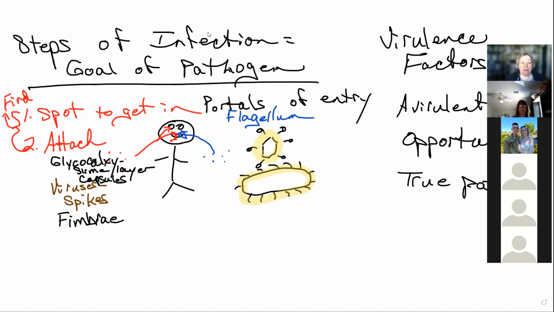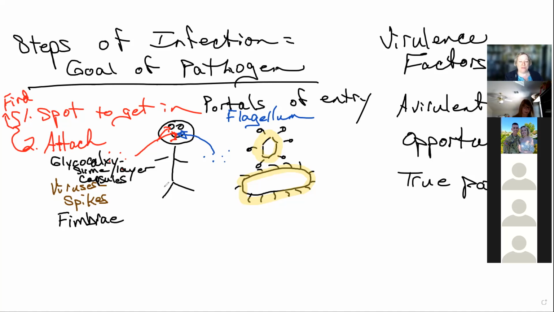All right, so these are structures that enable the pathogen to grab a hold, and they are all very, very specific. And that's why finding the right pathogen has to do with the portal of entry, the spot to get in, as well as attachment. Because E. coli really doesn't want to attach in your sinuses. If it gets into your nose, it's not going to grab a hold until it gets down into your intestines.